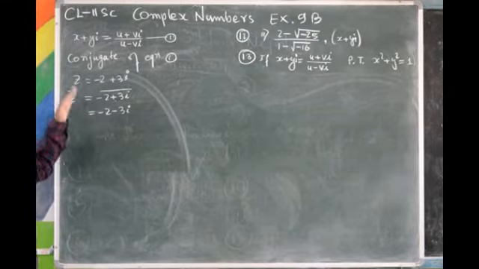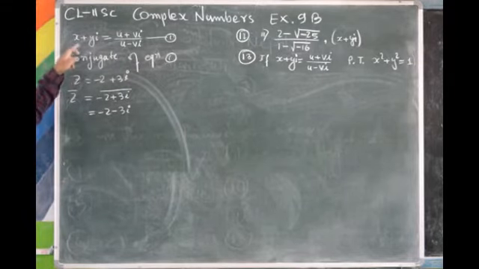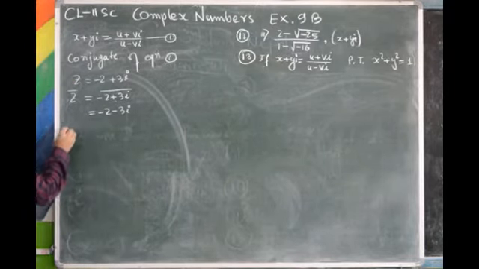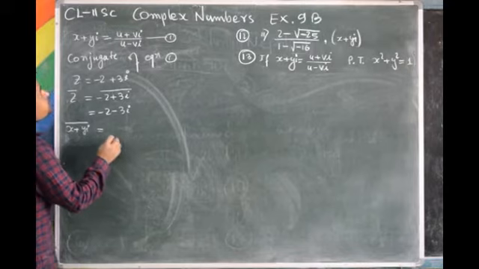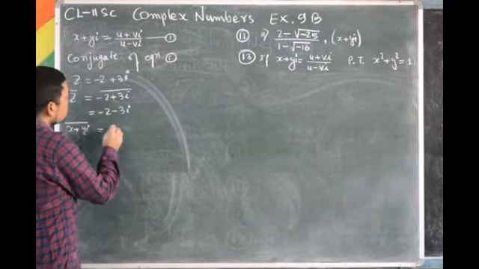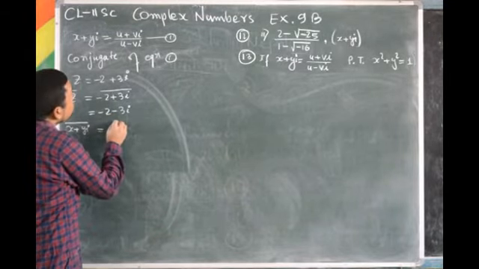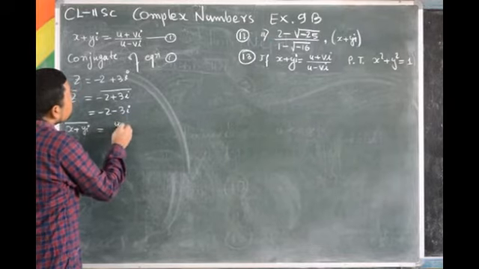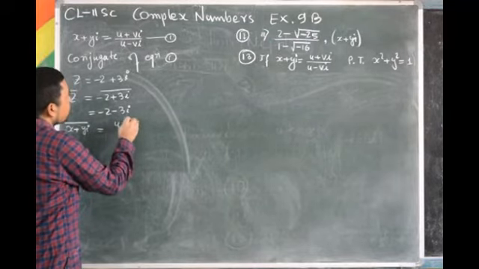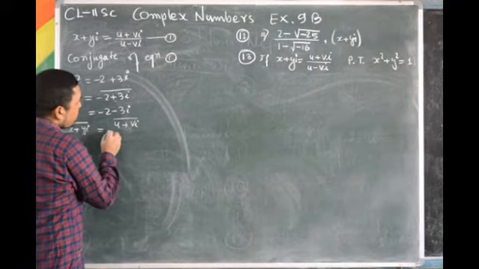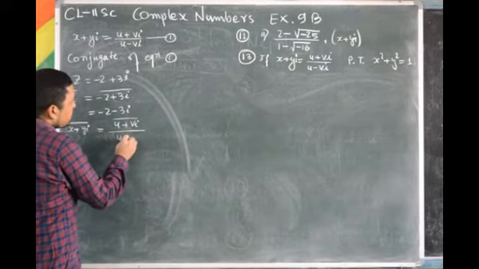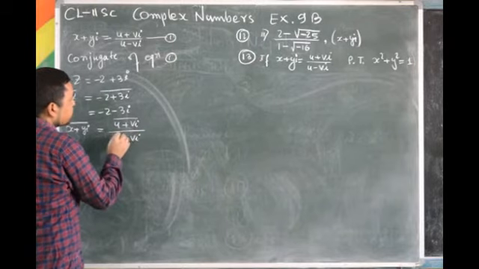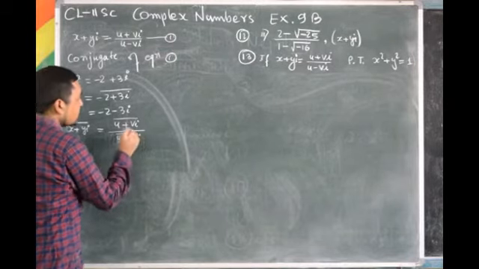This is called conjugate. Now let's take the conjugate: x plus yi bar equals u plus vi bar divided by u minus vi bar.